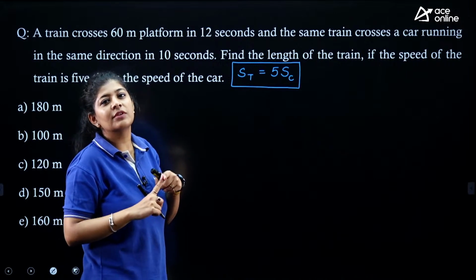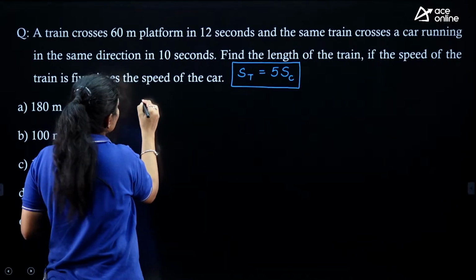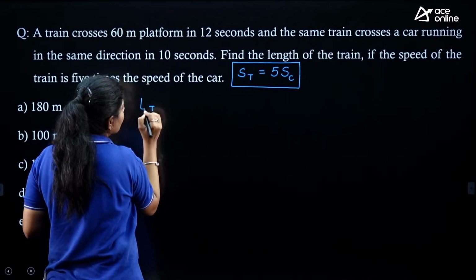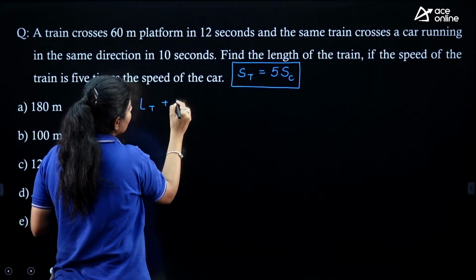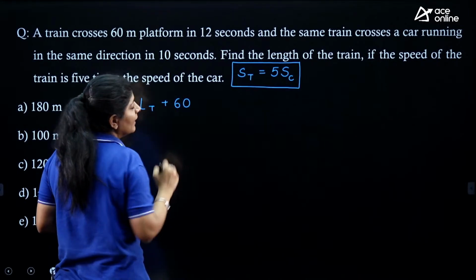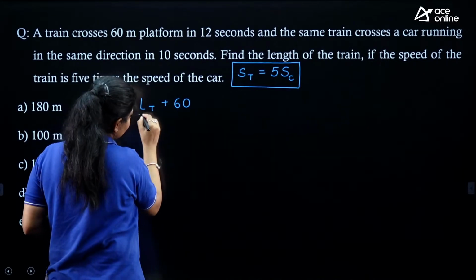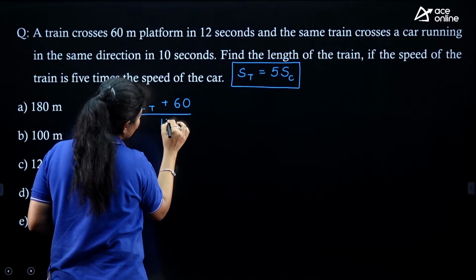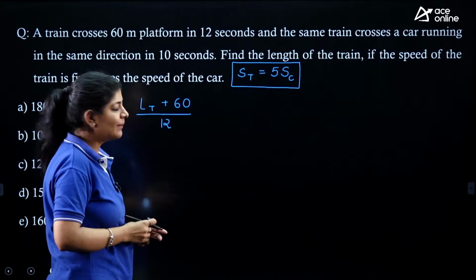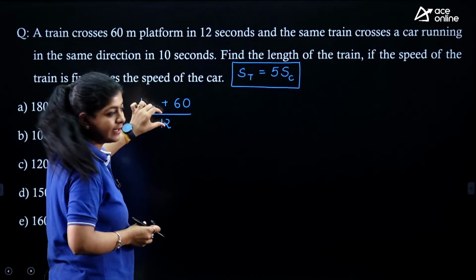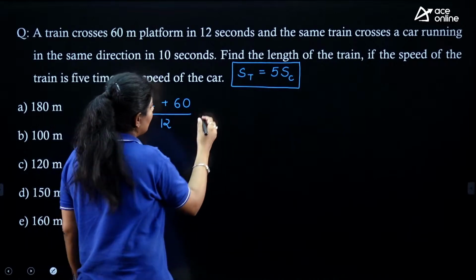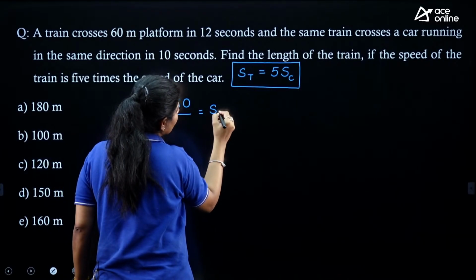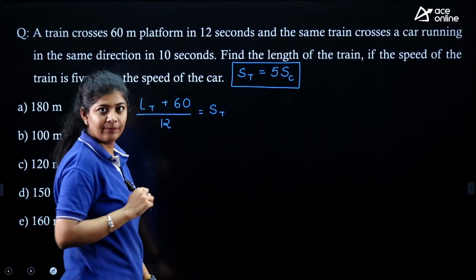The length of the train is not mentioned, so we are assuming that the length of the train is L. So L plus 60 meters, the length of the platform, divided by 12. Why am I writing this distance upon time? This will give me the speed of the train, ST, right?